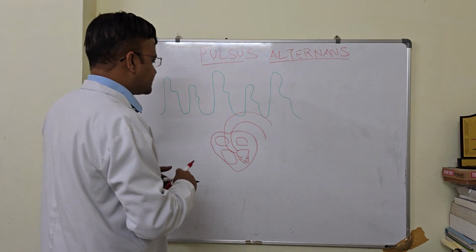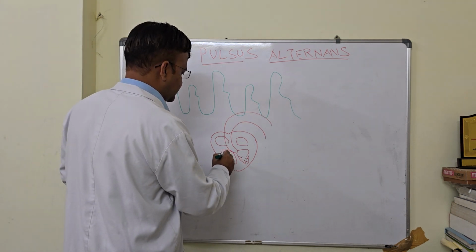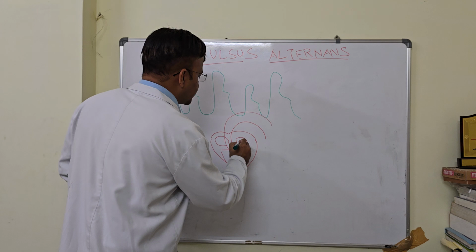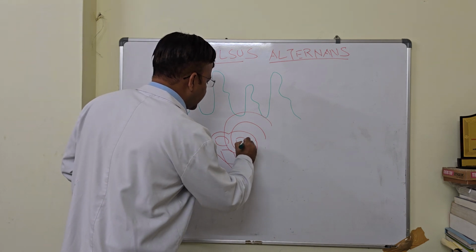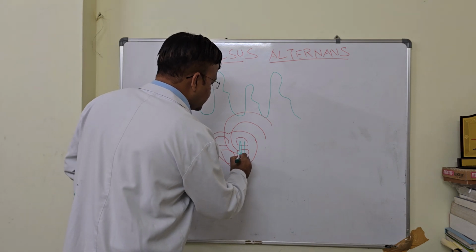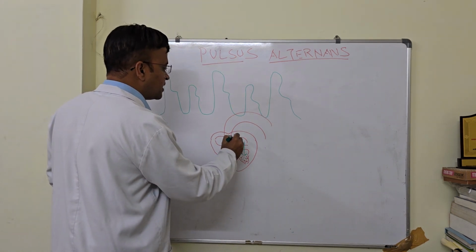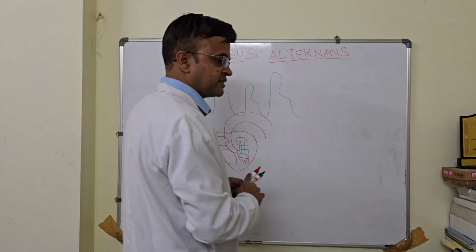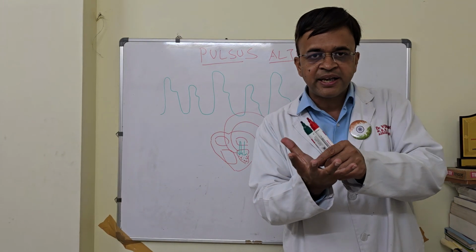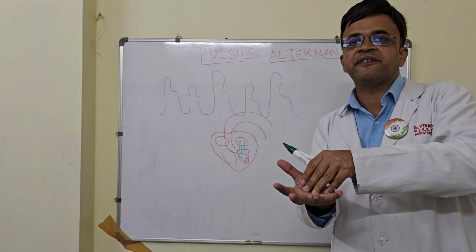Now, before the next contraction, it is going to receive blood from the atria. The blood is already there even before contraction, and some blood is coming from the atria. So it is not yet fully empty. Some blood is already there, and some extra blood will come from the atria.